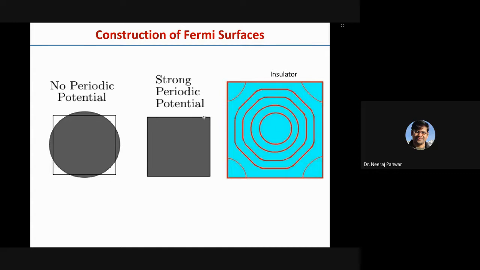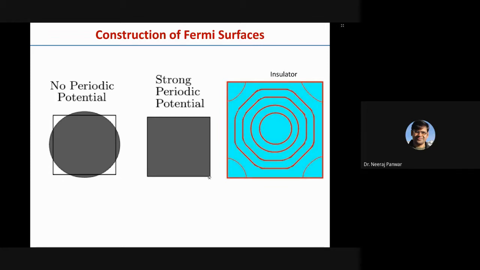This way, under the influence of a strong periodic potential, the first Brillouin zone will be completely filled. It would be separated by a large energy gap from the second Brillouin zone. So these electrons cannot jump from the first to the second Brillouin zone because there is a large energy gap.